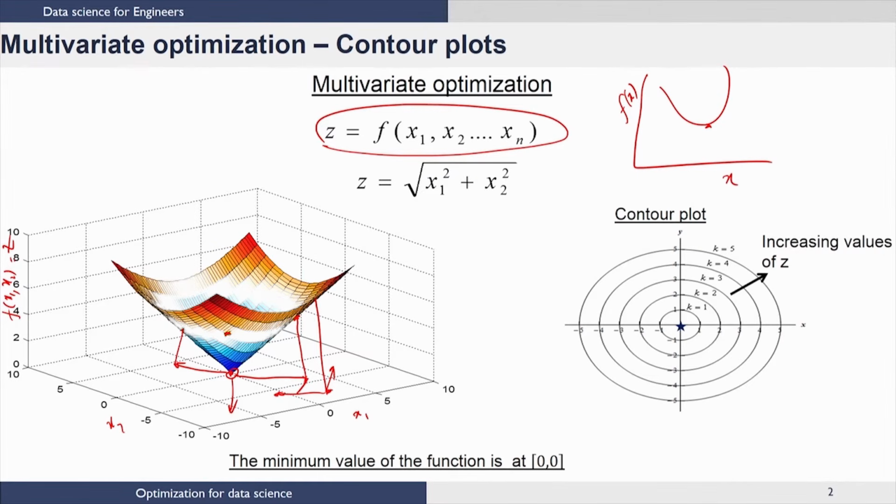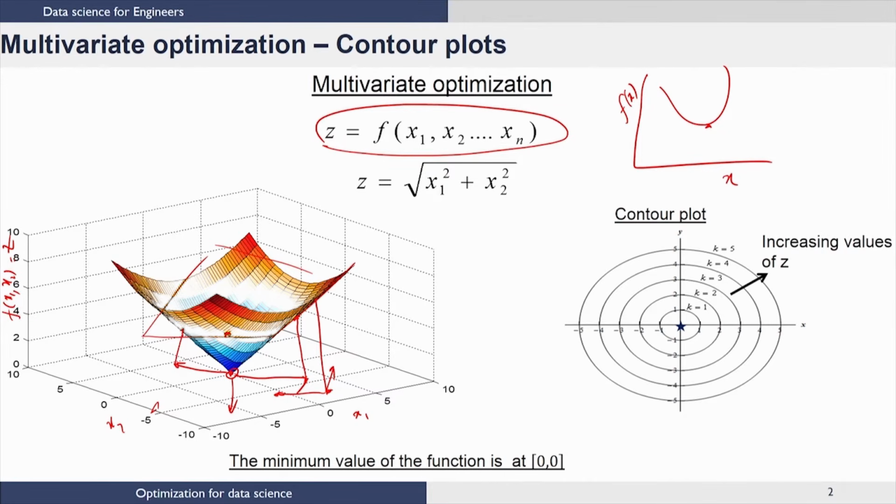To better visualize this, we draw what are called contour plots, which I show on the right hand side of this picture. So, think about a plane that cuts this objective function plot parallel to the x1 x2 surface. It is going to cut the objective function plot.